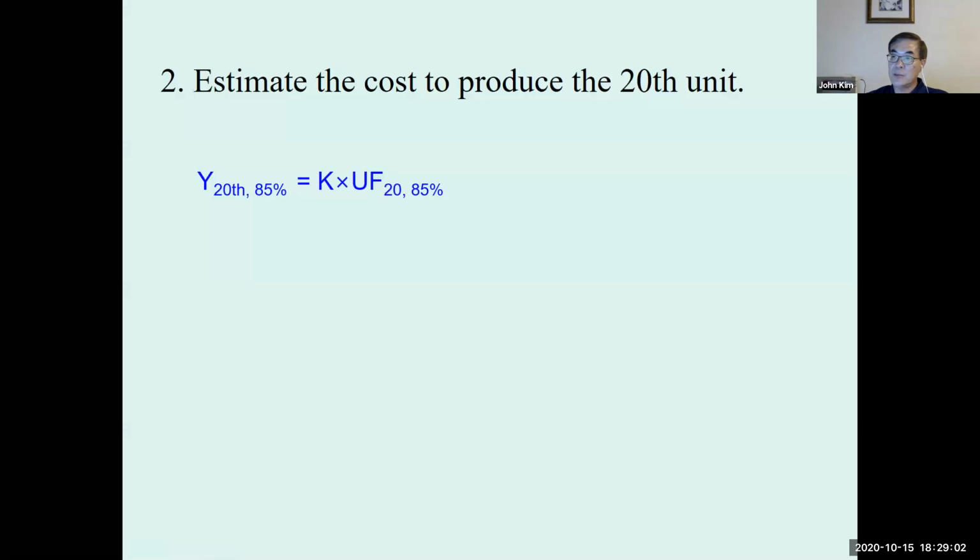So K is 120, and the unit factor 20 is 0.4954. So the unit cost to produce the 20th unit is 59.448. This one is an easy one.